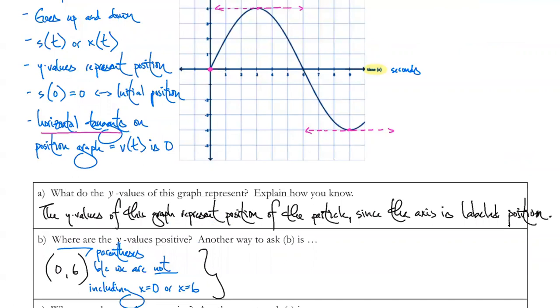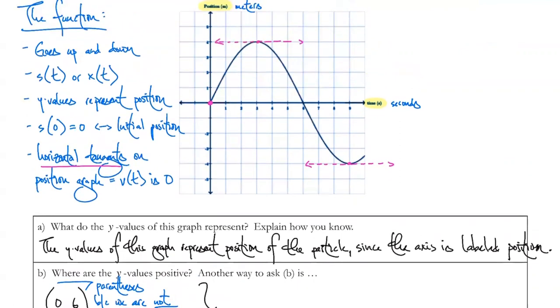So I see one right here. What if one point is on 0, but the other isn't? Okay, so if it does include it, then we use a bracket, okay? So for example, if I wrote parentheses 0, 6, parentheses, this is not including 0 and 6. If I want to include 6, but not 0, I would say parentheses 0, 6, bracket.